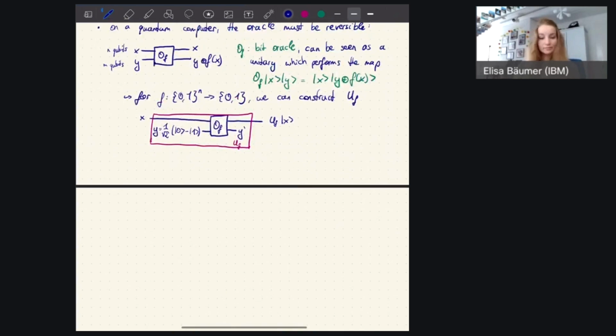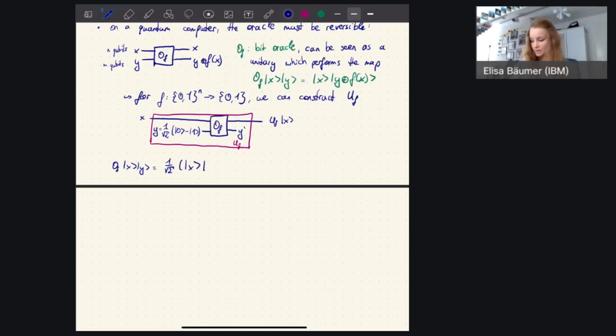Now let's see why we can do that, and why in the end we just apply UF on x and don't need to worry about our y. If we apply OF to x and y, we have 1 over square root of 2 because of the superposition state of y. And then we get x and the oracle function OF.